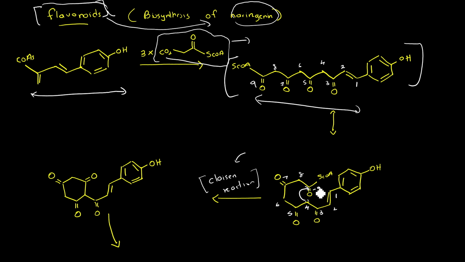Due to this attack, this bond will be broken. Now in the Claisen mechanism, this broken bond comes back to form the pi bond again. When that happens, this carbon will be unstable, so this carbon has to remove one bond to get stabilized. This particular part will be removed because it's a good leaving group.